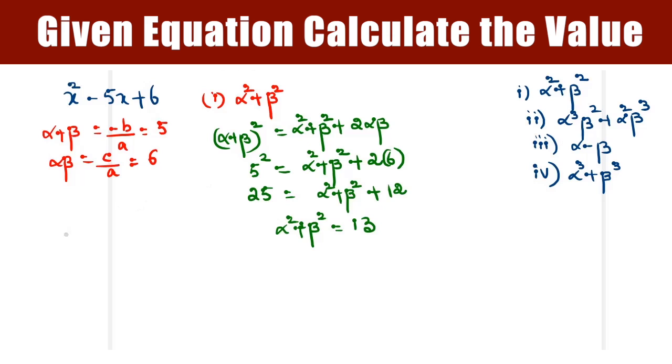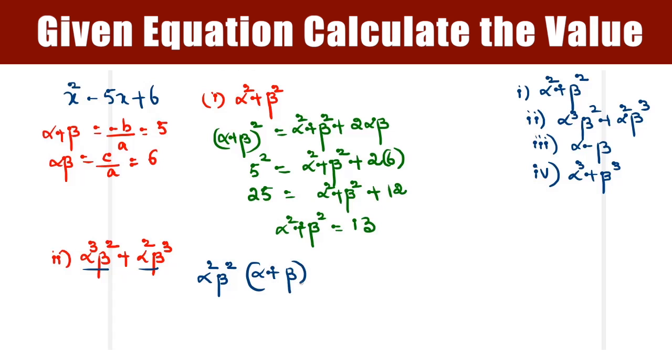Let's move on to the second one. In the second one, the input is alpha cube beta square plus alpha square beta cube. I'm going to take the common terms outside. In this case, alpha square beta square is what I have to take as common. What is left in the first term is just alpha, and in the second term, it is beta.